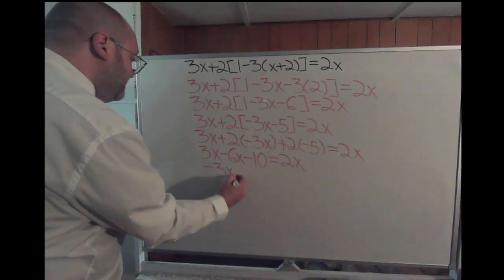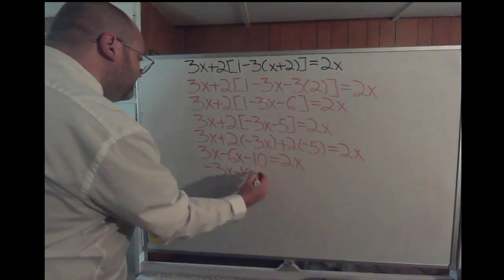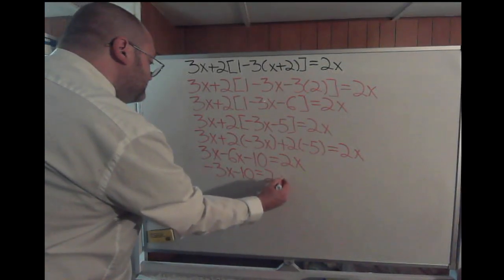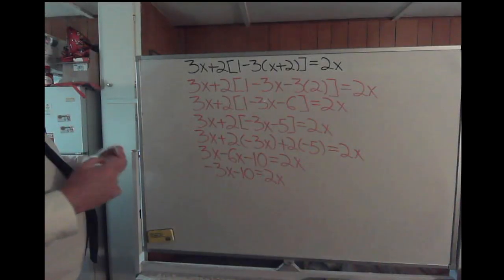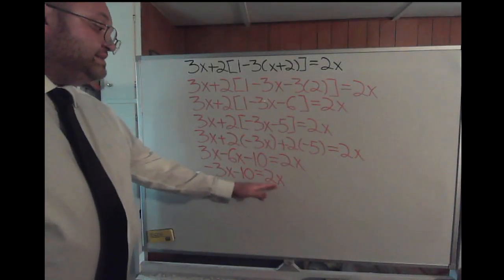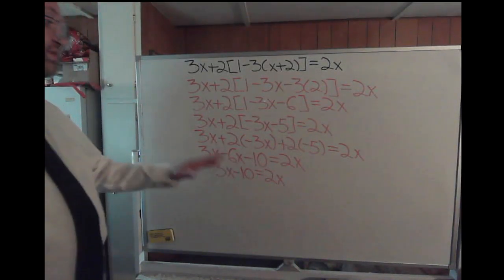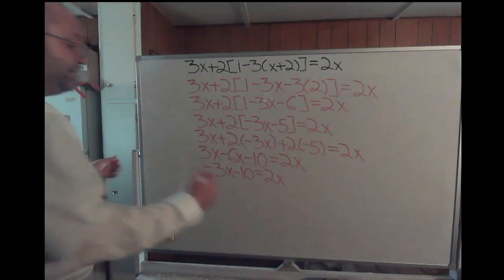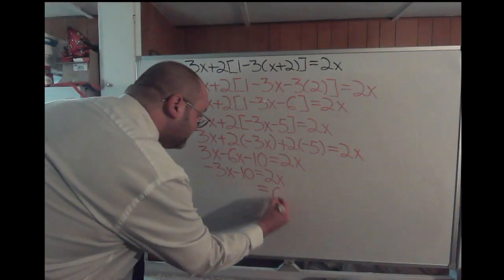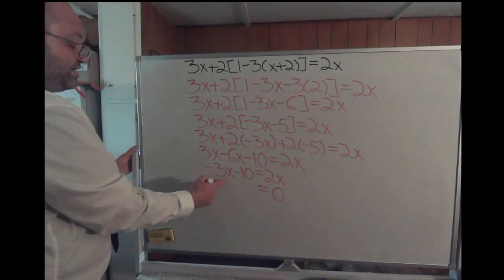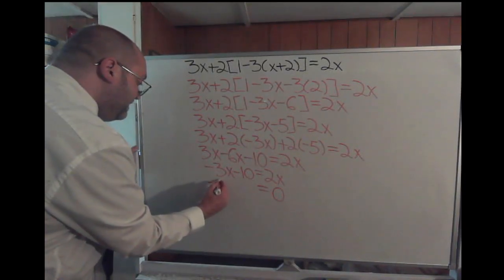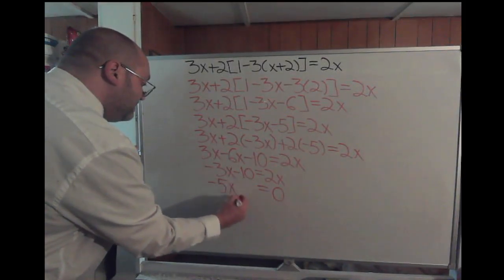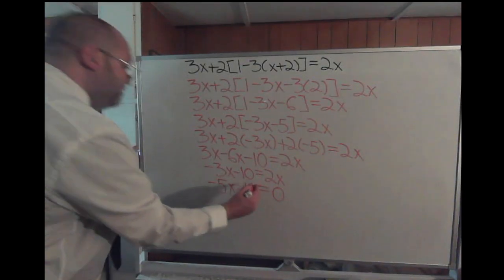So you'll have negative 3x minus 10 equals 2x. Safe to say, we want to get the variable out of the right-hand side, only have it on the left. So what you got to do is subtract 2x from the right-hand side. If you do that, you'll get 0. If you subtract 2x from the left side, you'll get negative 5x minus 10 is equal to 0.